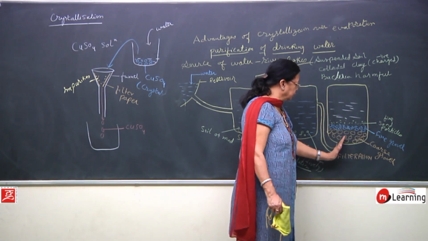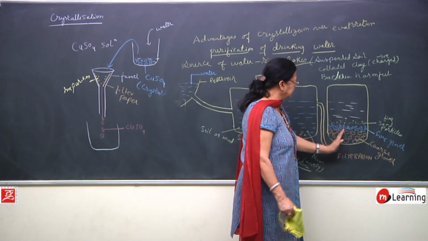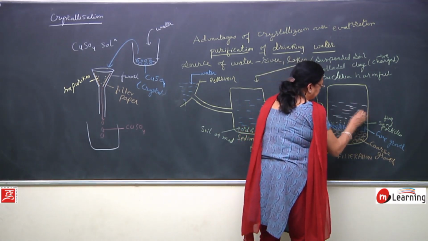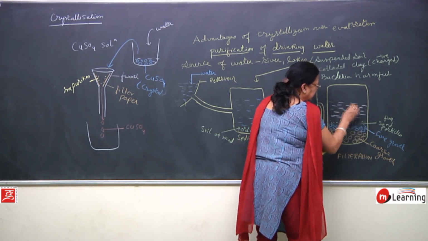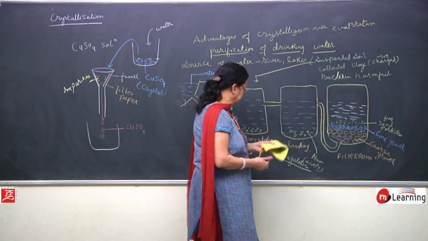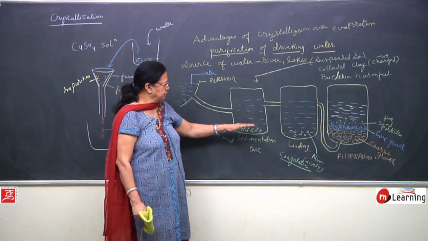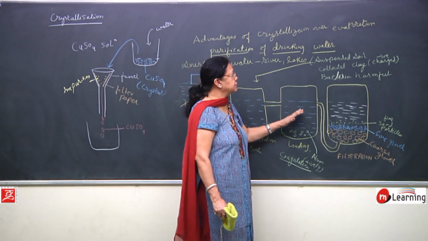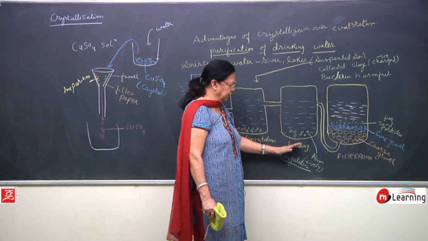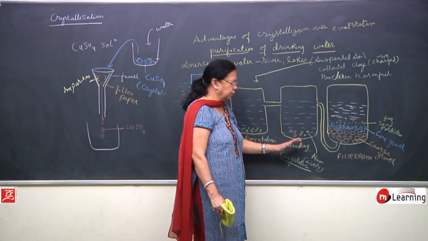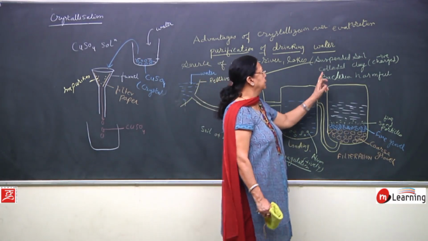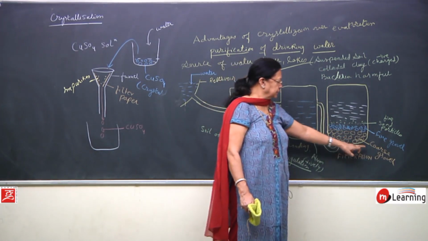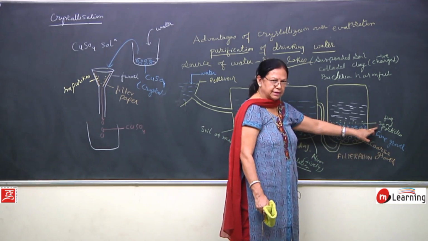So, it has to go through these 3 layers, and the water which comes up is free from clay, mud, and impurities. First we separated some of the muddy particles by sedimentation, then the colloidal particles by alum, loading or coagulation, and next the filtration is done by 3 layers: coarse gravel, fine gravel and fine sand particles.